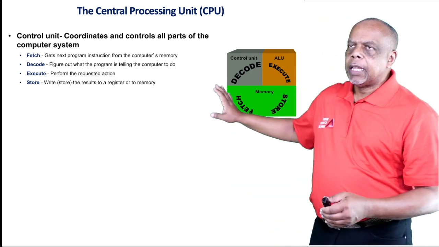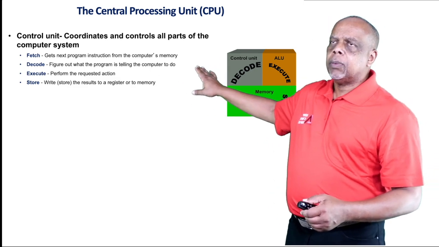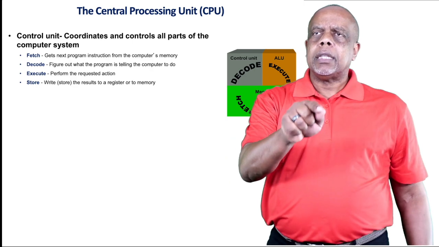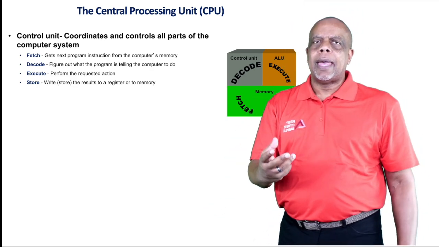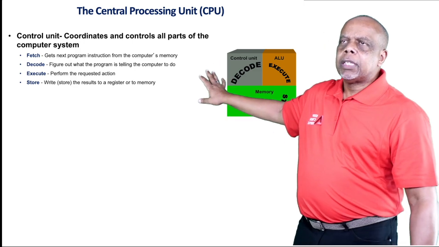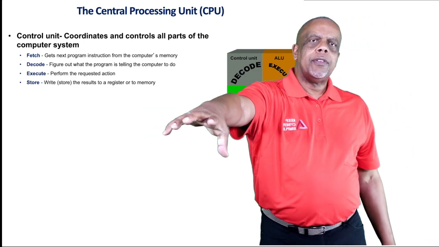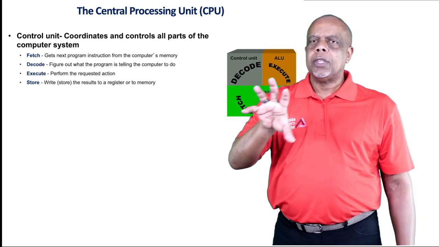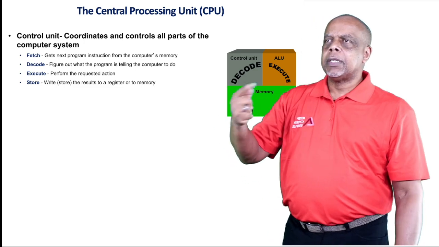So the first thing that happens is your CPU has to be told that some action needs to happen. So your operating system does a fetch: go to the hard drive and bring up the program execution instructions and put that into the computer's memory. Got it. Next step, it decodes.